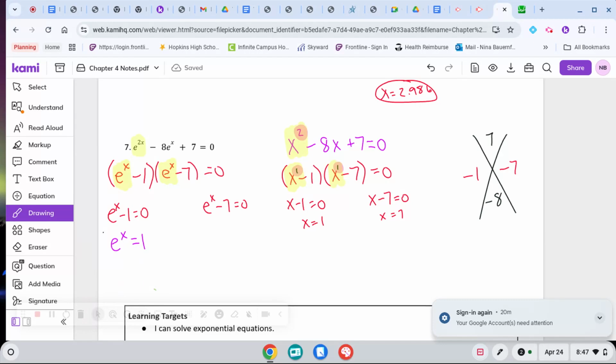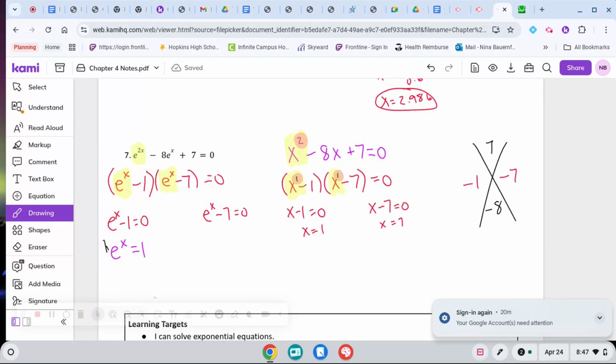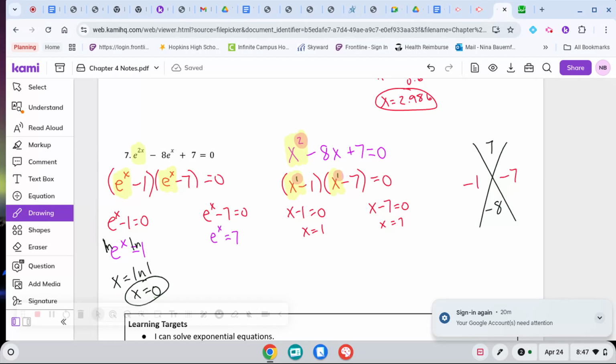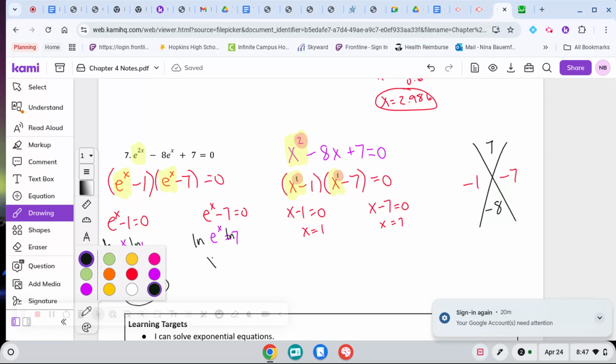And when we do that, we get x equals the natural log of 1, which is 0 when you type it in. Over here, we do the same thing. Add 7 to both sides, we get e to the x equals 7. Then we natural log, and we get x equals natural log 7, which is 1.946.